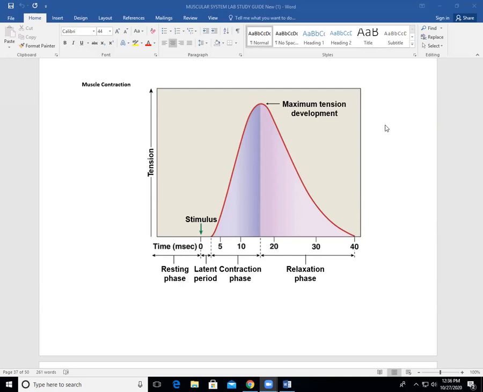Once you get a response and start getting increased tension, that's the contraction phase. You get to maximum tension, and at that point you hit the relaxation phase, so you get back to zero tension, assuming you get a complete relaxation phase. Once you get back to zero tension, you enter a resting phase again.